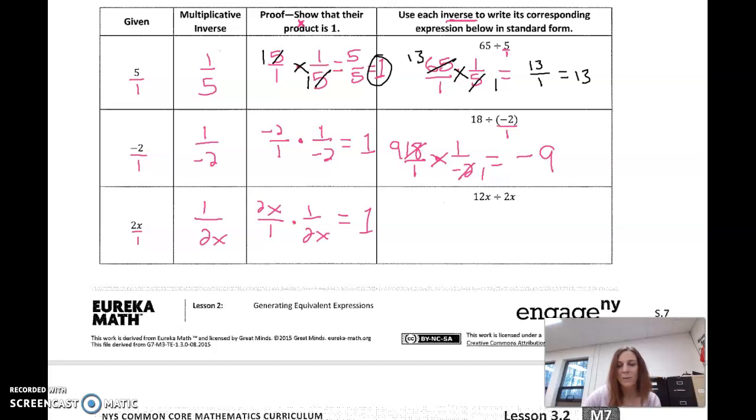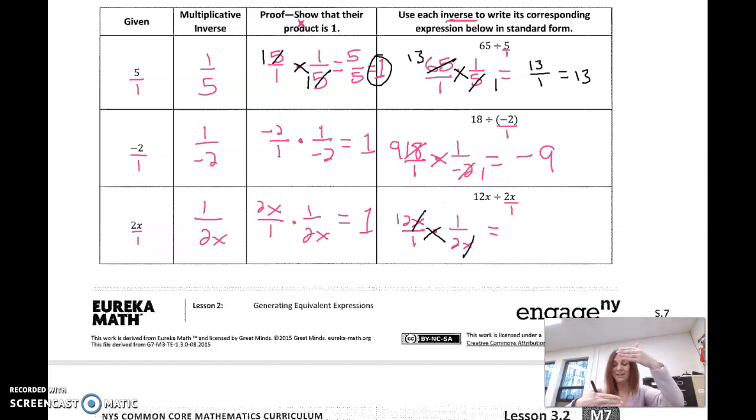Okay, but right here, we can think of this as 12x over 1. Instead of dividing by 2x, think of it as multiplying by 1 over 2x. So when we go to reduce this, I want you to see that, again, 1 and 1, common factor 1, doesn't do anything. But over here, notice that they both have an x. That x crosses out.